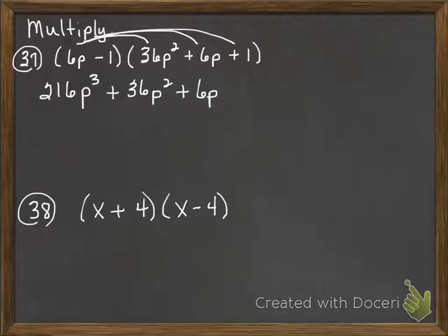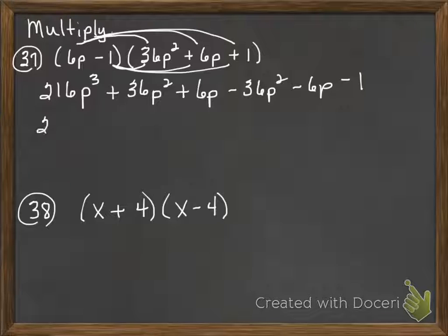Then we're going to distribute the -1. -1 times +36p squared is -36p squared. -1 times +6p is -6p. And -1 times +1 is a -1. I have no other p cubed terms, so I'll bring down my 216p cubed.